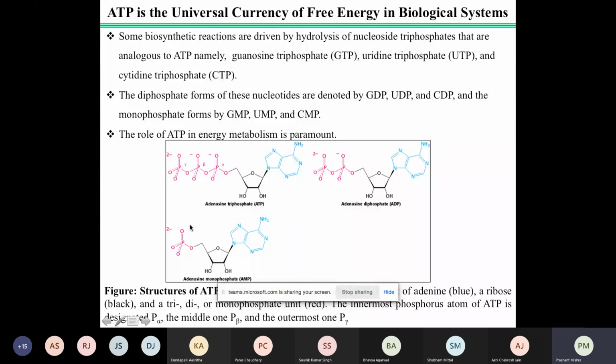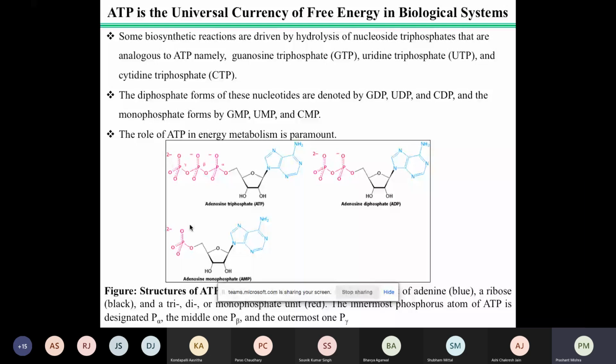Actually, what happens here, the last bond between the phosphate to phosphate residue is the one which we call the potential of transferring the phosphate group. So actually, when we talk about the energy production, it is the ATP's ability to transfer its phosphoryl group to another molecule.